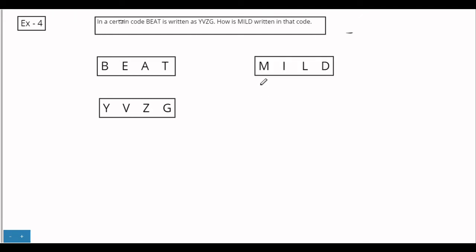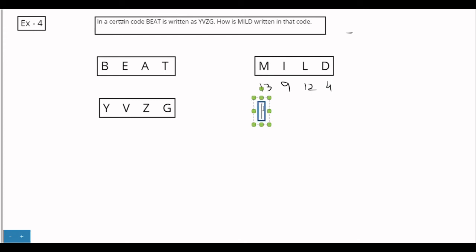Now mild: M is 13th from the first, I is 9th from the first, L is 12th from the first, and D is 4th from the first.